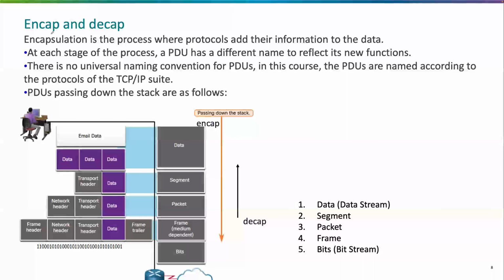That means we have to use encapsulation and decapsulation for individual layers. For example, there's an encapsulation function from the upper layer, from the top to the bottom. So let's say we have this computer just sending out some email data.